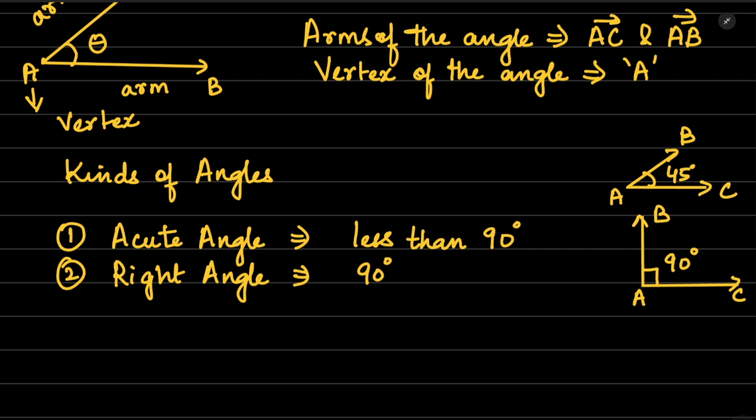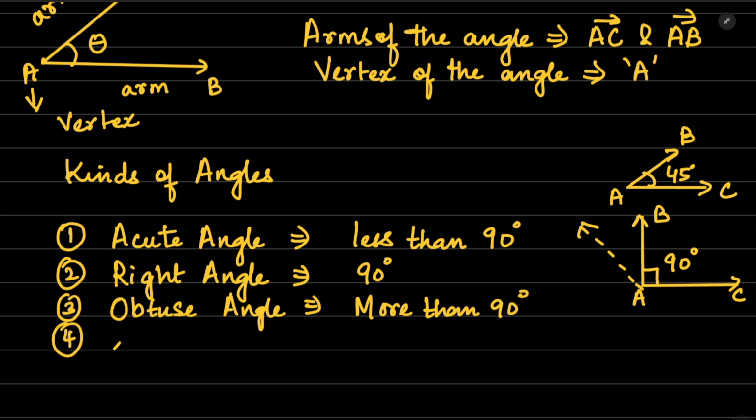Now, if it is greater than 90 degrees, then it is called an obtuse angle, O-B-T-U-S-E. Obtuse angle means more than 90 degrees.